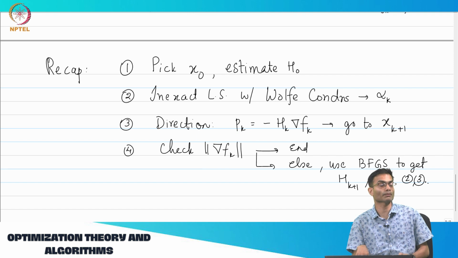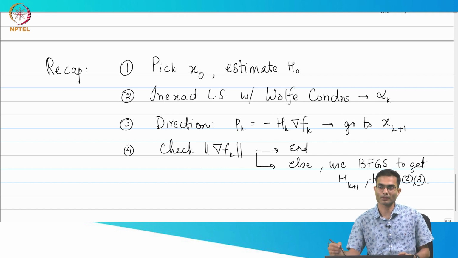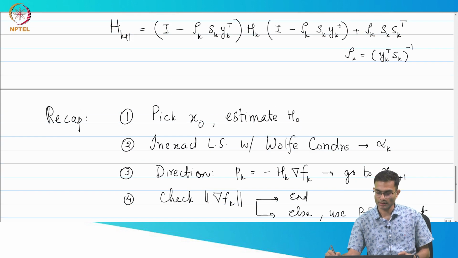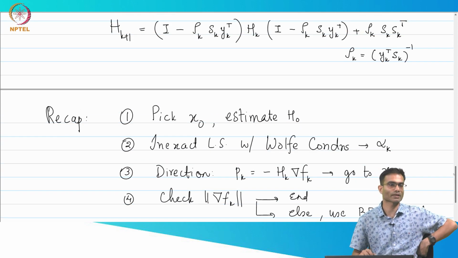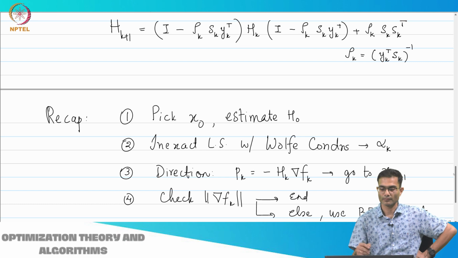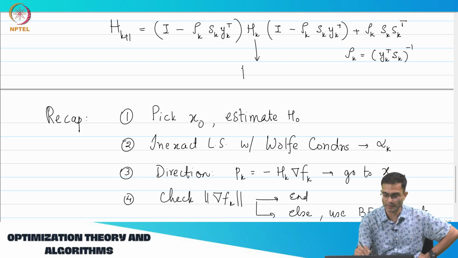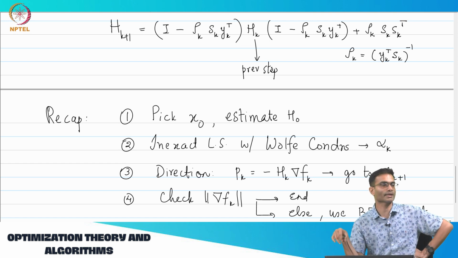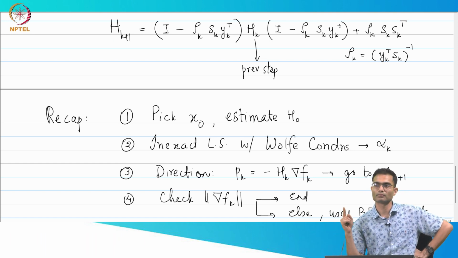Did I ever need to compute a Hessian? I never needed to compute a Hessian, right, because my BFGS relation, for example, what does it need? This guy is coming from the previous step, right. Sk is coming from what? The difference of the previous two, right.